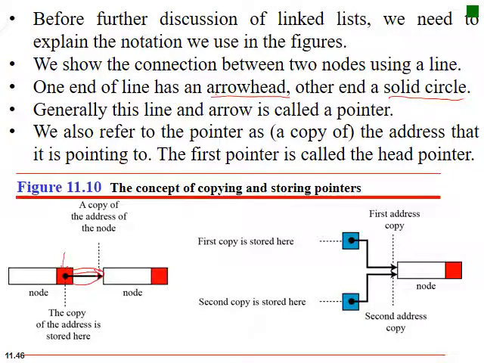Now we also refer to the pointer as the address, or sometimes a copy of the address that it is pointing to. So note the address. What's actually stored inside this red block here, which we call the pointer, is nothing else than an address.